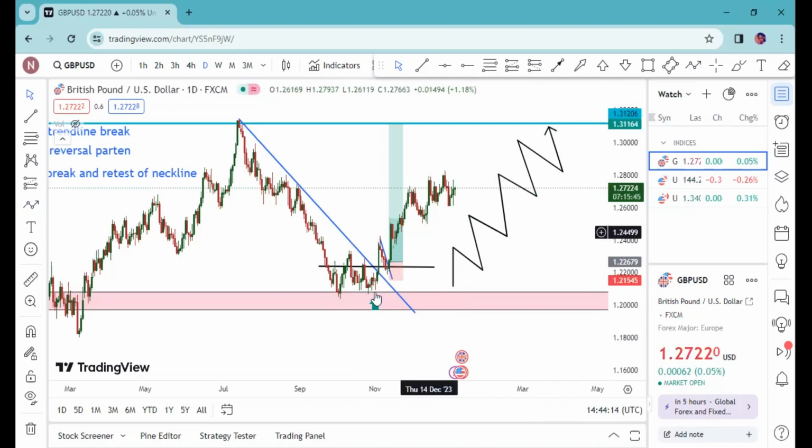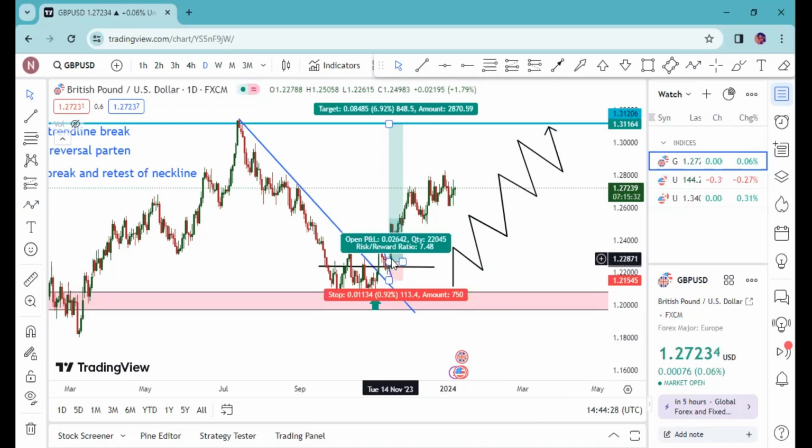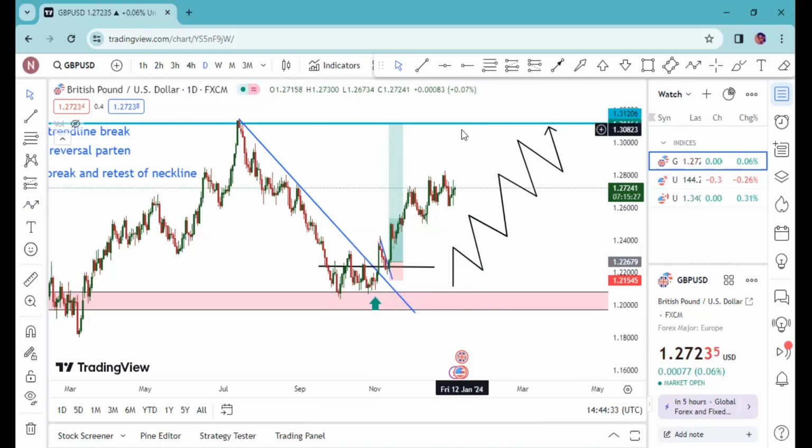Now I will take these opportunities to add more trades. This is my first trade, and I will not move just one trade to my TP. No, I will keep adding, adding, adding until I reach my TP. How do I add? I can also here take this my line.